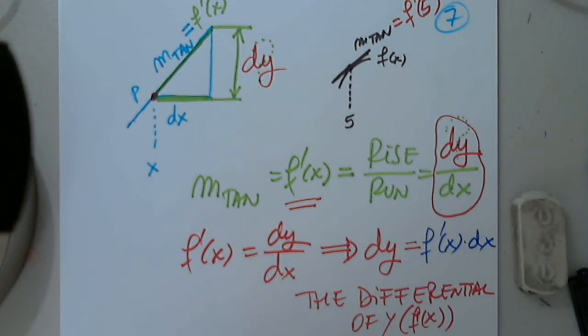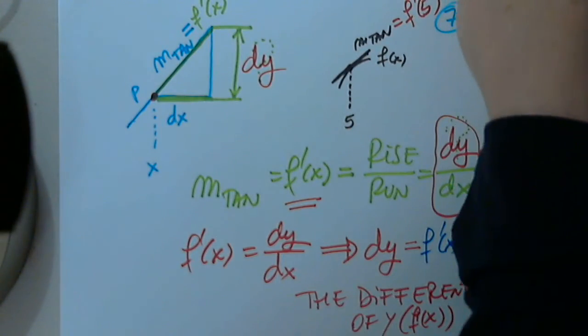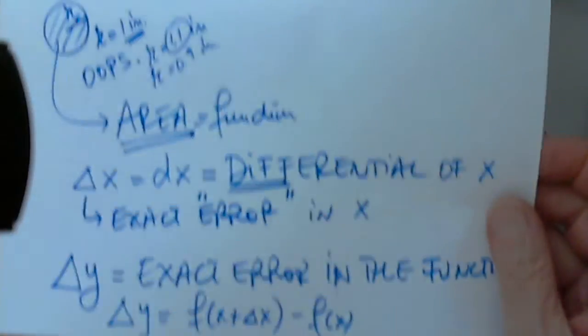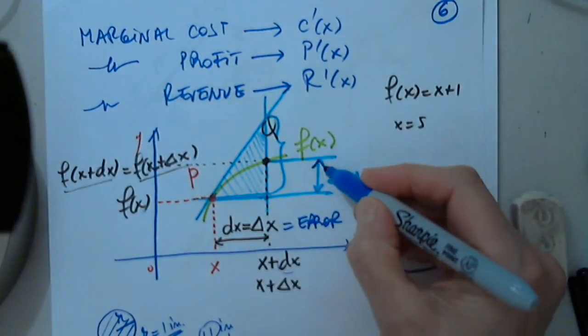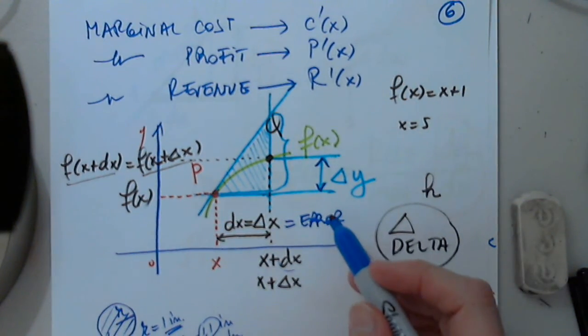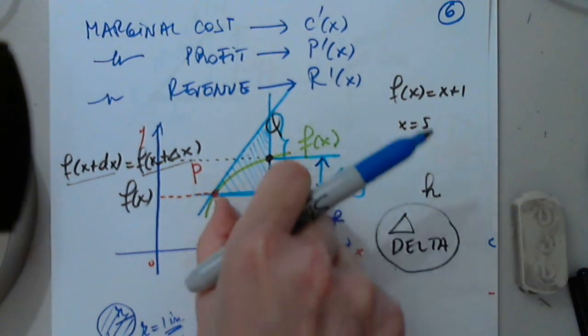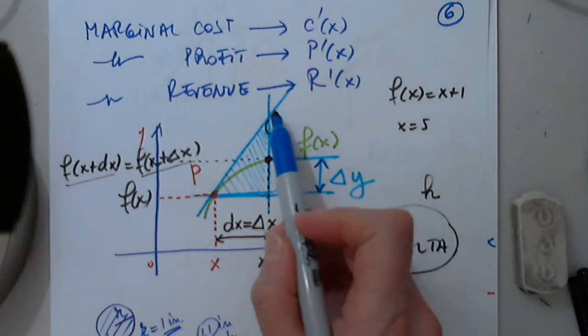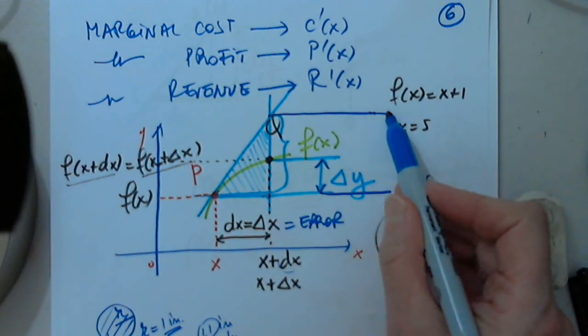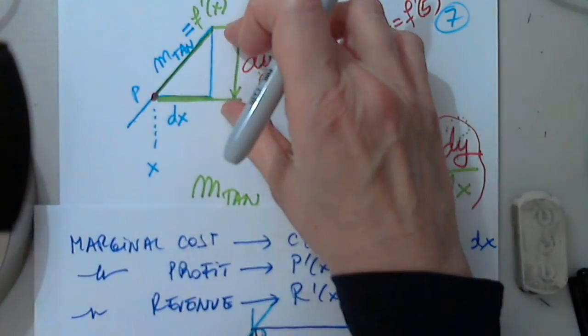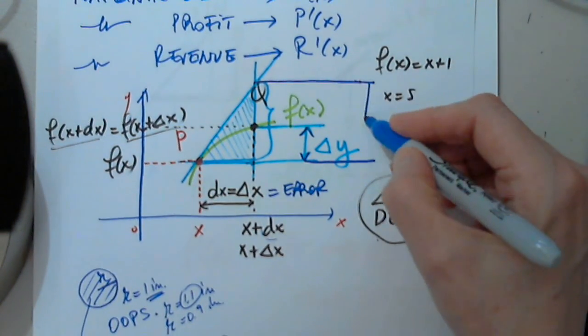Brilliant, that's it. Okay, so again, you're saying, what are you talking about? Okay, here's what I'm talking about. We identified that this is the exact difference created by this error in the function. But now I'm telling you that this piece, because that's what I have here, this piece is dy.